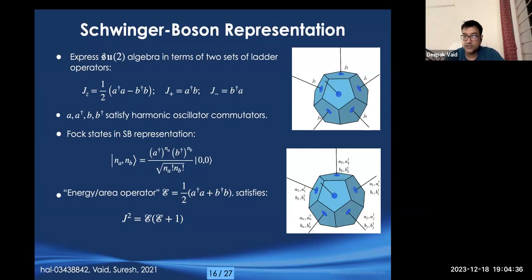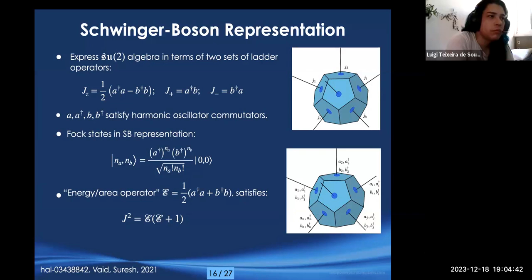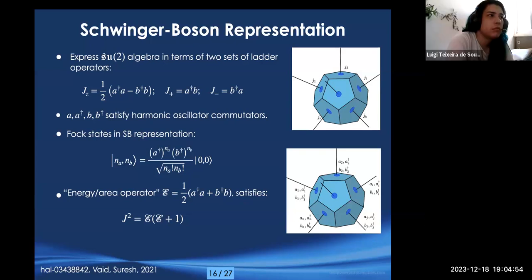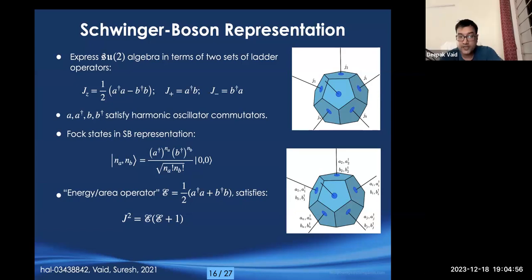There's an extra factor of 1/2, but otherwise this is just the harmonic oscillator energy. Then you can check, using the Schwinger-Boson relations given at the beginning, that this operator E satisfies the identity given in the last line, that J squared is equal to this.